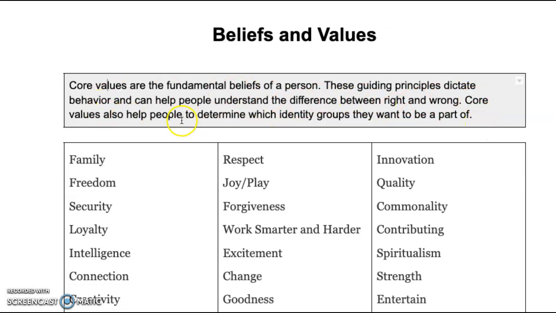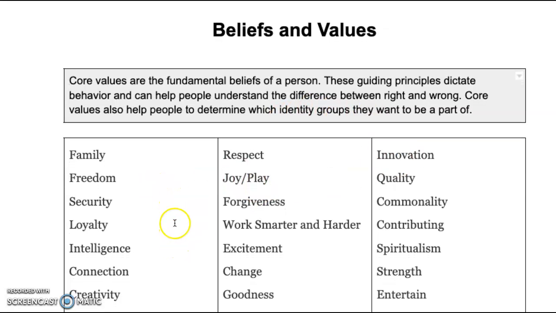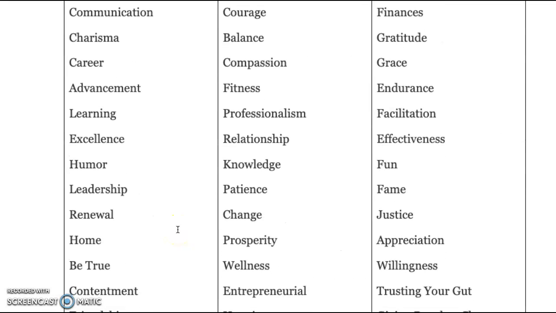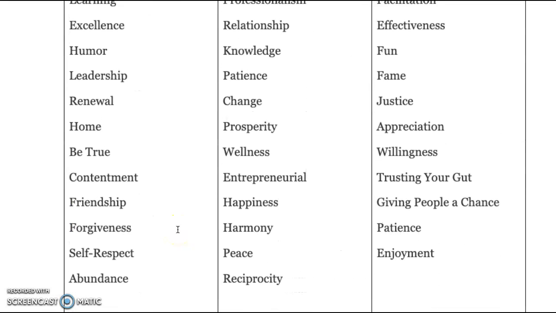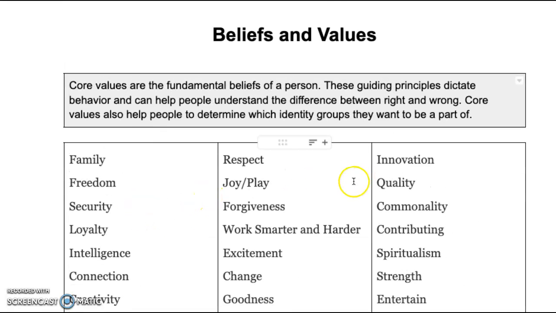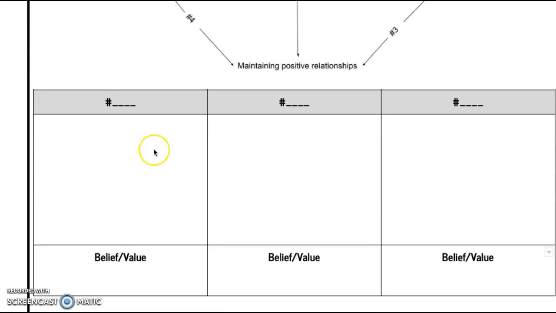Core values also help people to determine which identity groups they want to be a part of. So there are lots and lots of words, phrases, and pieces of information in this document for me to choose from. So you're going to be choosing one belief or value per connection that you write about on your paper.